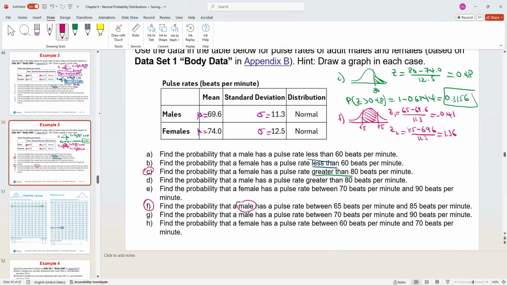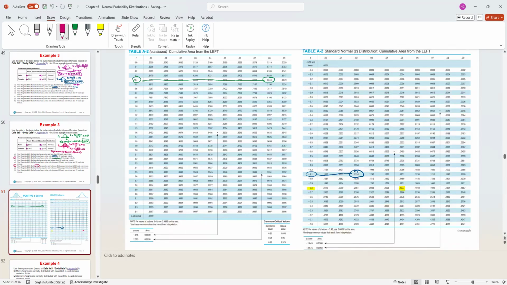Now, remember, when Z is between negative 0.41 and 1.36, you should put the largest one first. Probability that Z is less than 1.36 minus probability that Z is less than negative 0.41. Now, what's the probability from the table for 1.36?